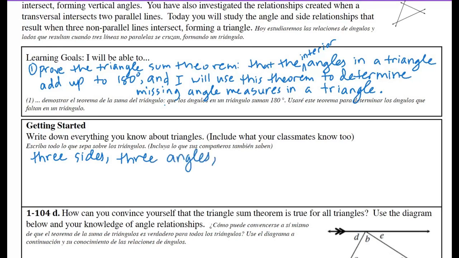Some of you might say that the angles add to 180. Some of you might mention the Pythagorean theorem, that a squared plus b squared equals c squared when you have a right triangle.